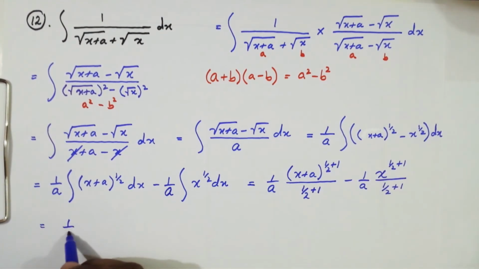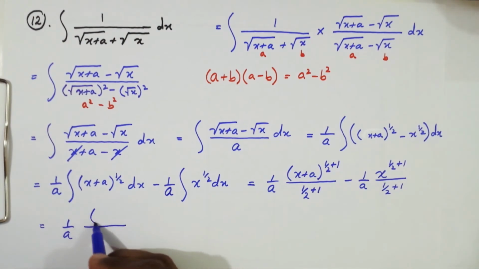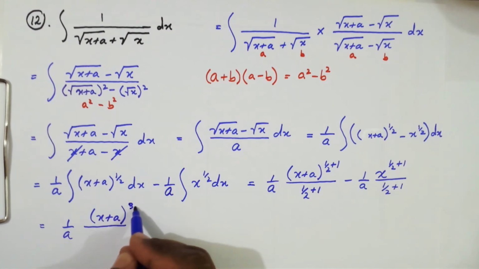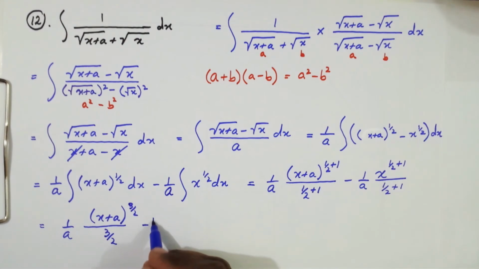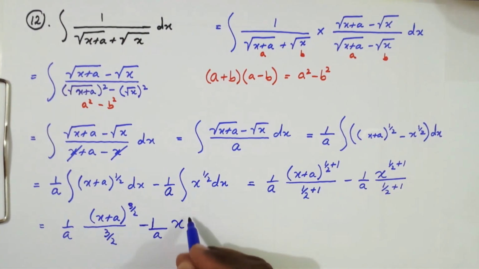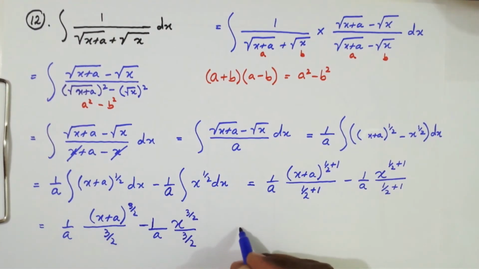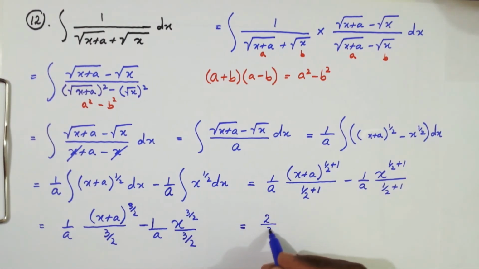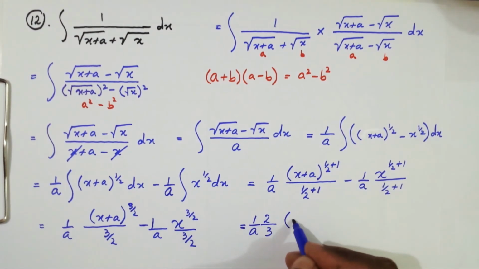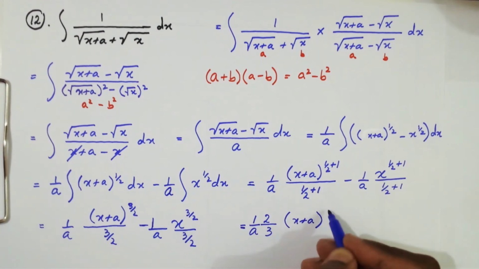After simplification, taking LCM of these powers, we get 3 by 2. Same as here. In one more step, 2 by 3 x plus a whole power 3 by 2.